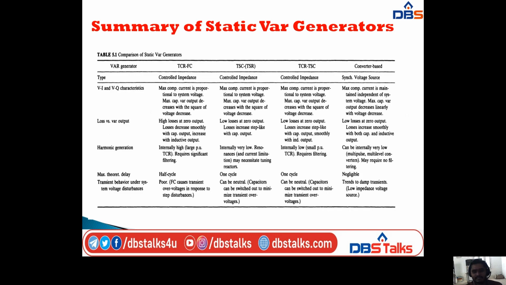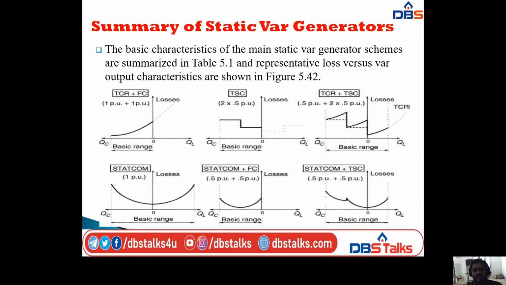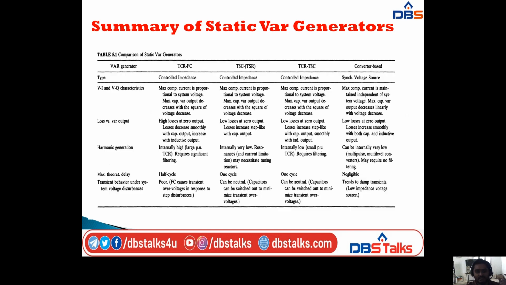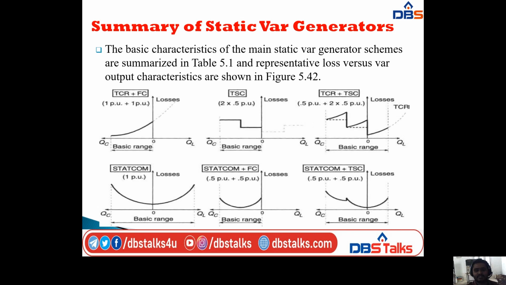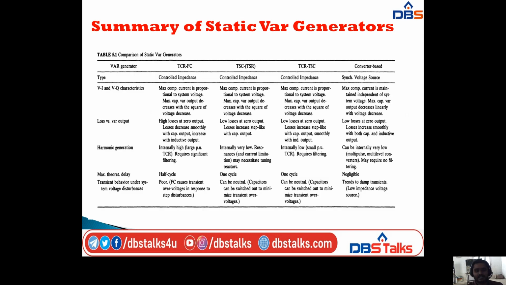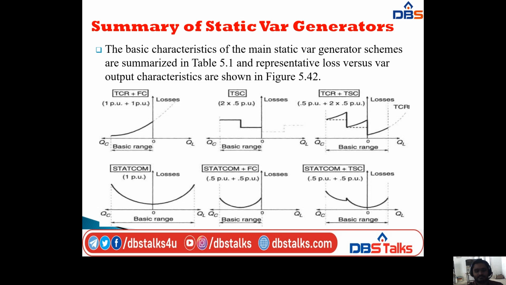All the combinations are summarized in one place, and representative loss versus VAR output characteristics are shown in this diagram. Table 5.1 gives the characteristics of the main static VAR generator schemes we have used up to now, and the corresponding loss versus VAR output characteristics are shown here. Firstly I will explain this table, and after that I will come to these characteristics.